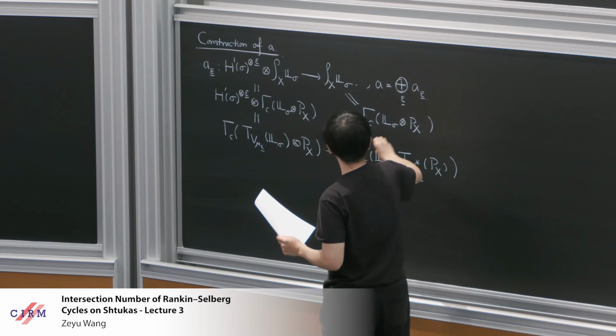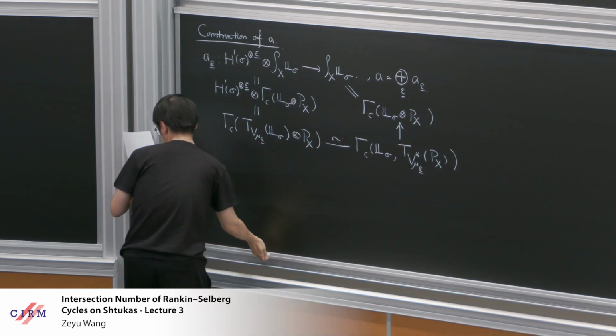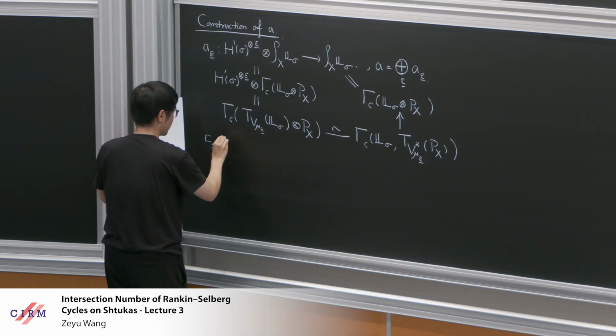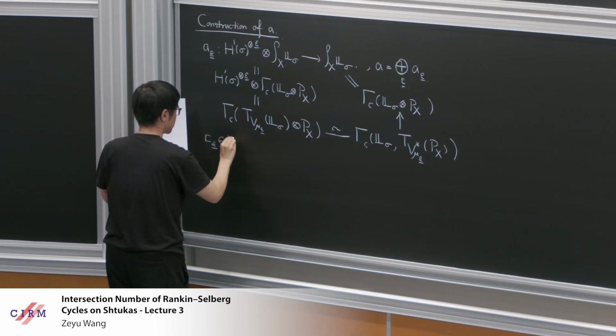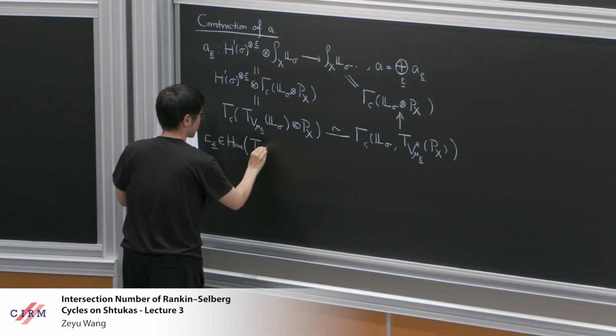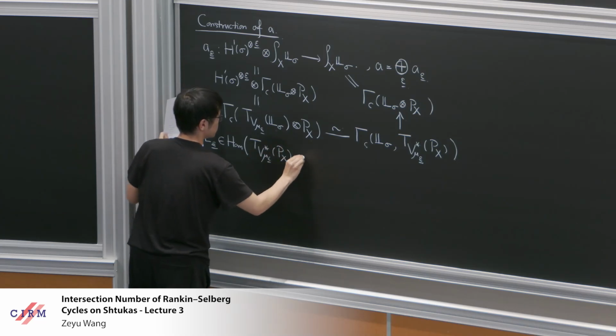To construct this A, you just want such a map, which is a map from this Hecke operator applied to the pure sheaf to the pure sheaf.